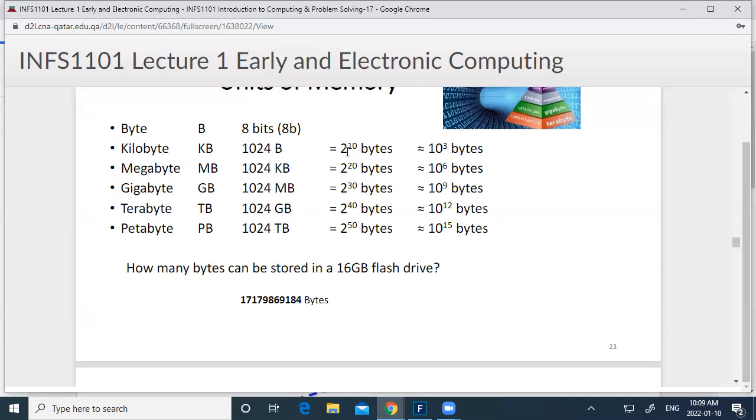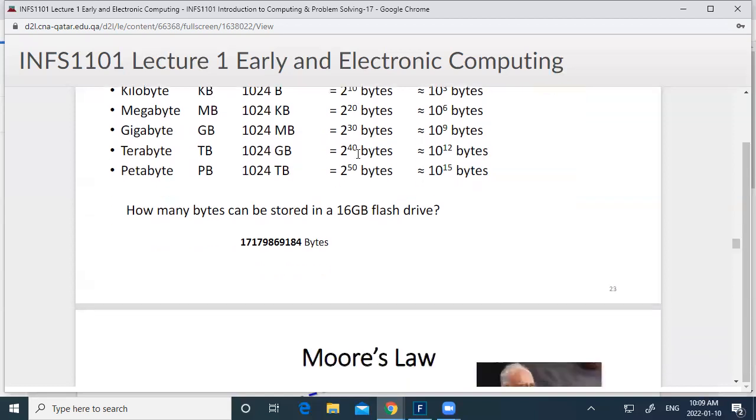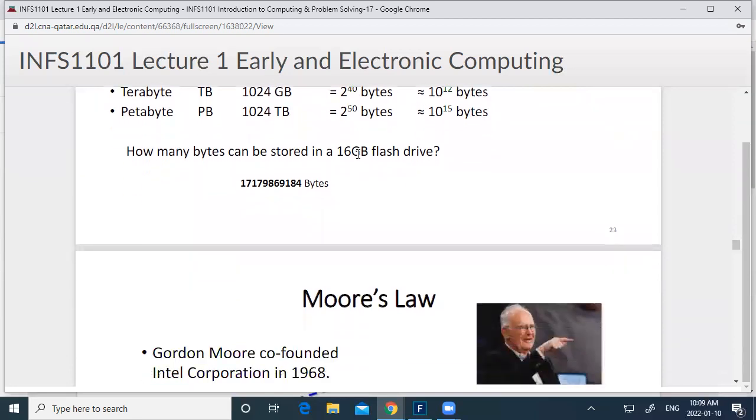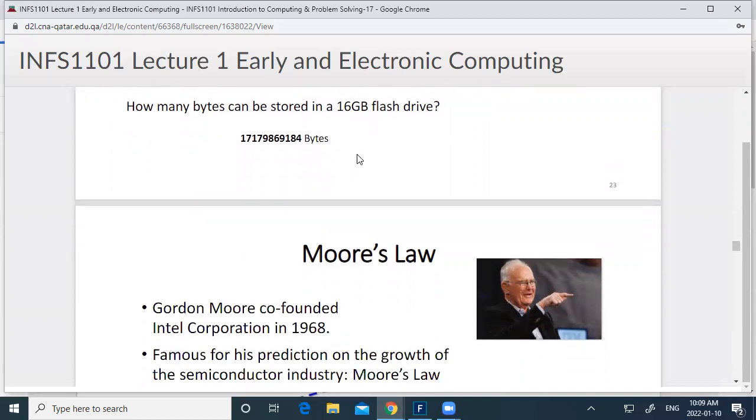But we see that it's not actually 10 with 15 zeros. It's nearer to this other number, which is the actual number you get when you do 2 times 2 times 2 and so on. You get the idea? So that's how that is. I'm sorry about that. It's just the fact that we don't use base 2 for our number system. The computer does. So we have to have some conversion between.